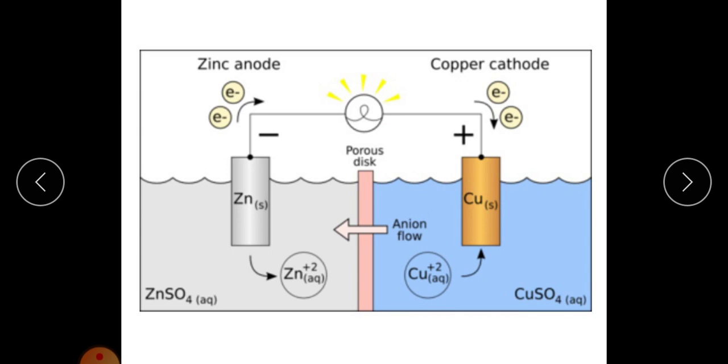Now the nature of the corrosive environment decides the type of cathodic reaction. In acidic solution, corrosion occurs by the hydrogen evolution process, while in neutral and slightly alkaline solution, oxygen absorption occurs. The electron current flows from the anodic metal Zn to the cathodic metal Cu. Thus, it is evident that corrosion occurs at the anodic metal while the cathodic metal is protected from attack.